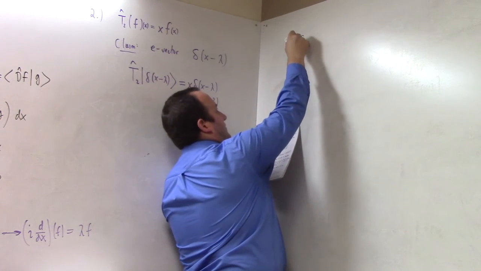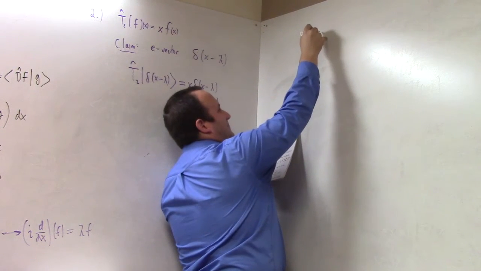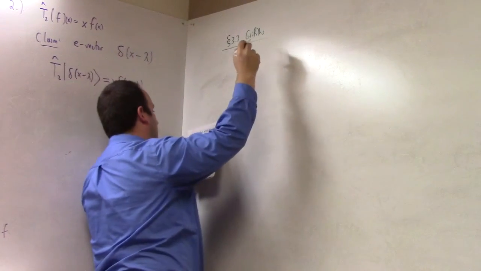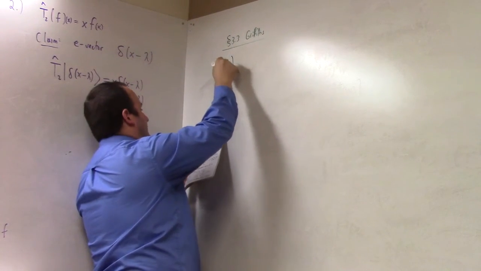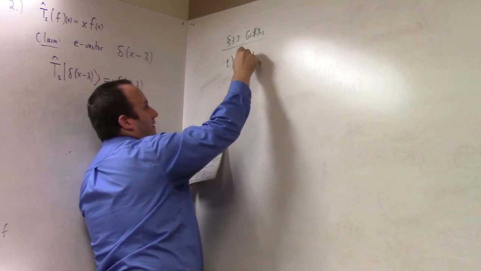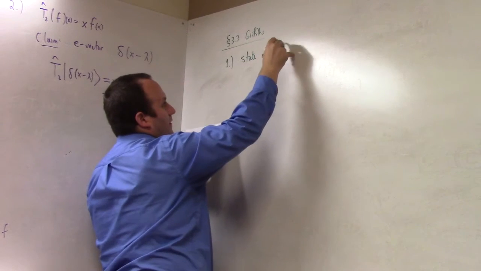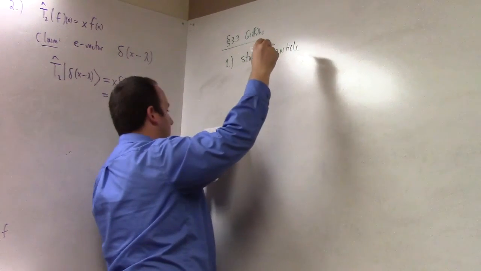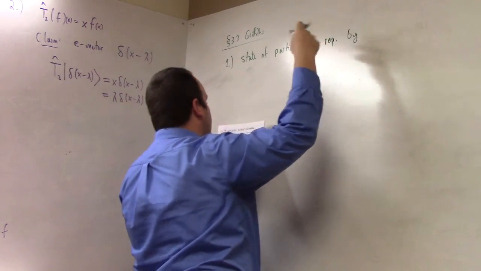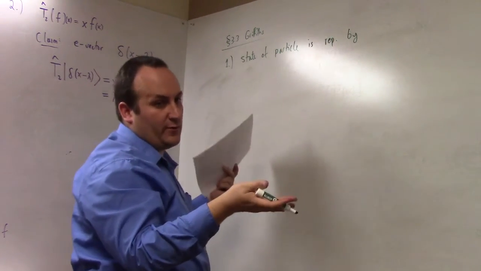I think this is section 3.3. I really think this is probably from Griffiths, but I'll have to check. So point number 1, the state of a particle is represented by... and sorry, we really should have done this before I did the infinite square well with you guys, obviously.